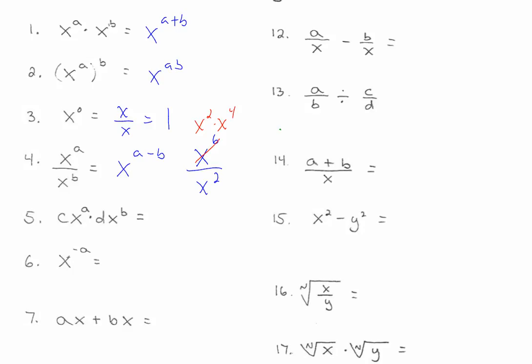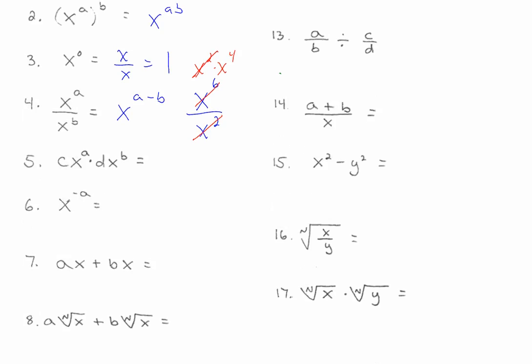Right? It's x times itself 6 times. I split it up into x times itself twice times x times itself 4 times, right? Anything divided by itself is 1, and don't you get x to the 4th? Again, the rule is just a shortcut to what's going on.